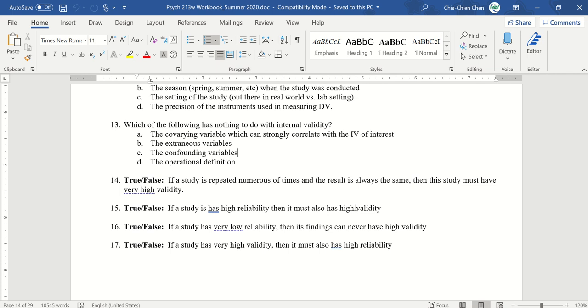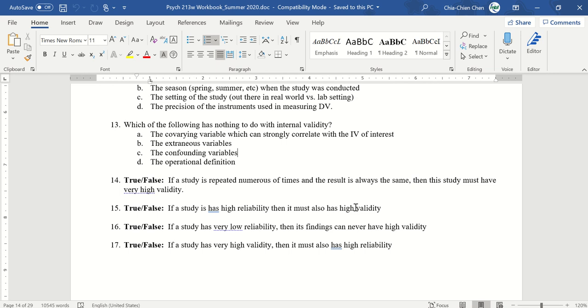It's going to give you the same results over and over again. But is it the correct result? It might not be. Okay, so validity has to do with how true, how accurate the measurement is. Okay, reliability only tells you whether the results are reproducible. Okay, so that's a very big difference. You just want to make sure that.